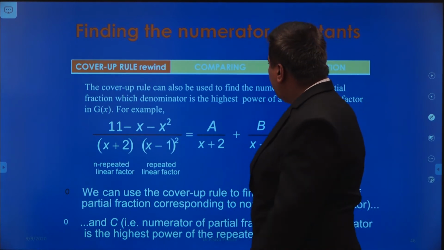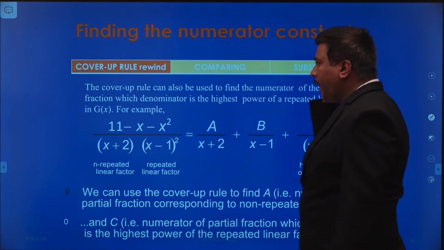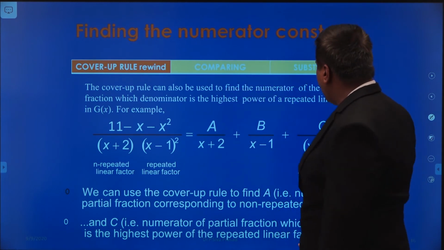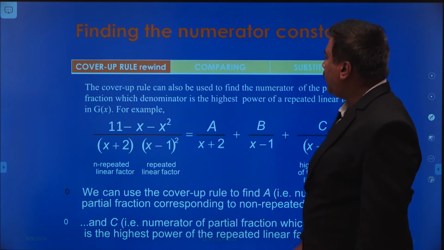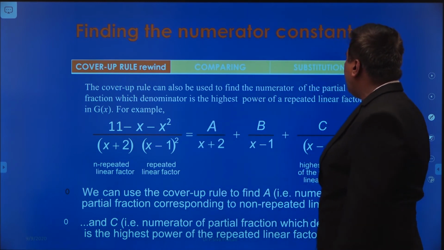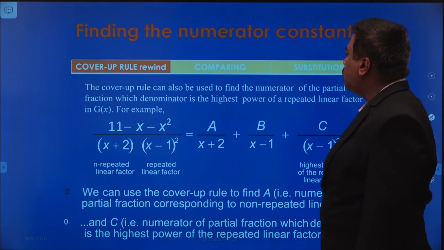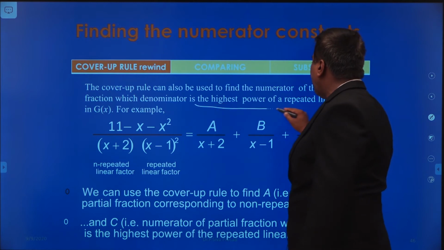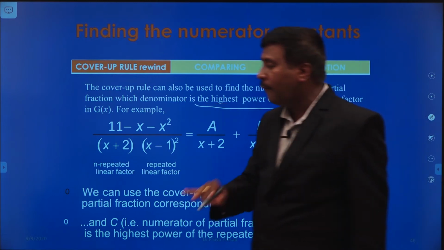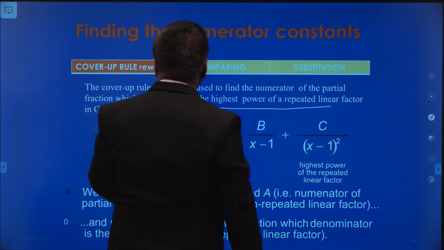In that, so for the repeated linear factors, please all of you see another example. The cover up rule can also be used to find the numerator of the partial fraction whose denominator has the highest power. Please keep in your mind, which denominator is the highest power of the repeated linear factor in g of x.